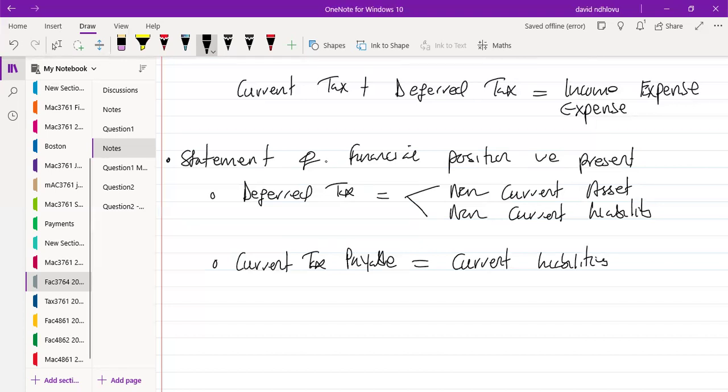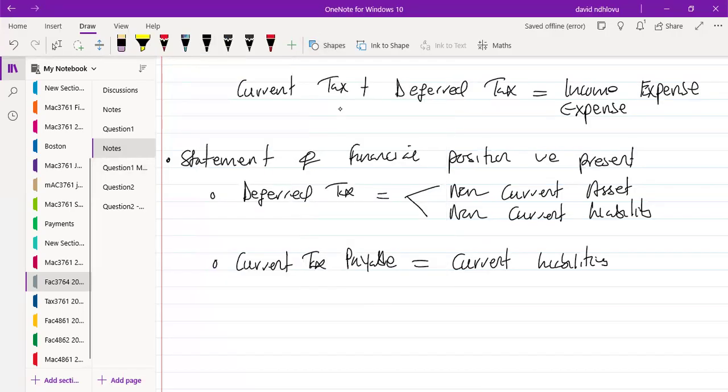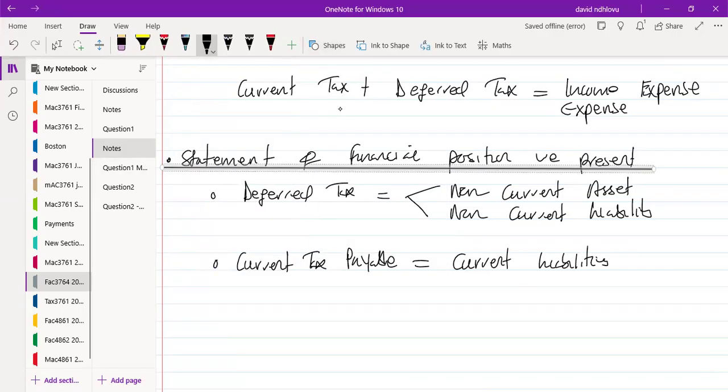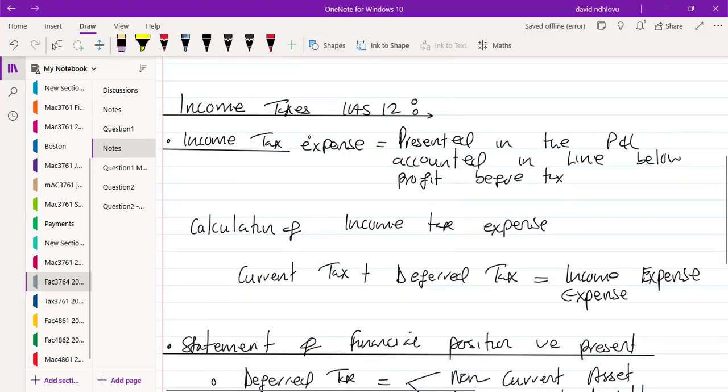So we highlighted that when you deal with the income tax standard, International Accounting Standard 12, you'll be affected in terms of the statement of profit and loss, the P&L account, by the income tax expense, and we highlighted exactly where you find it, below profit before tax.